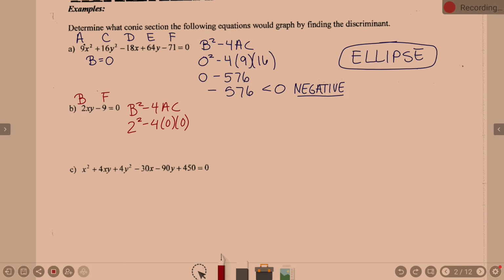So I'm going to get 4, which is greater than 0. It is positive, which makes this a hyperbola.